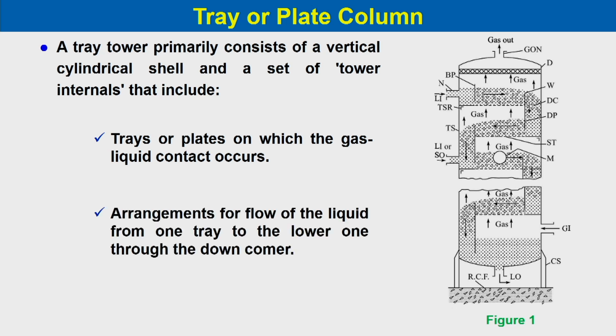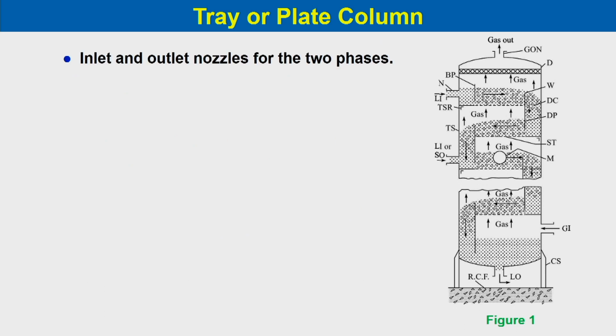Arrangement for flow of liquid from one tray to the lower one through the downcomer. So, through downcomer, the liquid which is from the inlet, it goes to the downcomer and it comes down to the next plate. Inlet and outlet nozzles for the two phases. Nozzles are provided for the two phases.